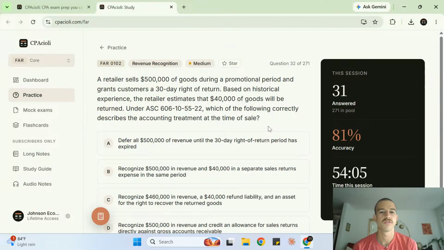Retailer sells 500K of goods during a promotional period and grants customers a 30-day right of return based on reviews. Estimates that 40K will be returned. Which of the following correctly describes the accounting for the sale?